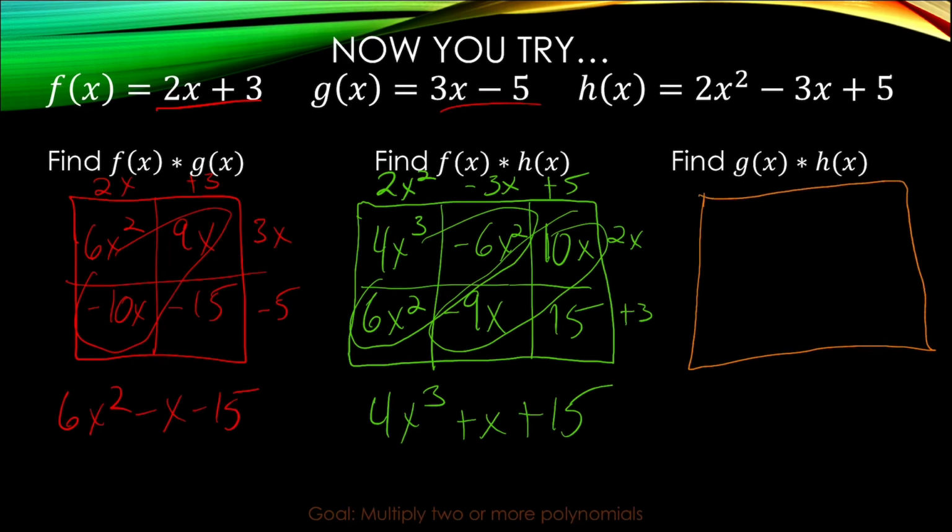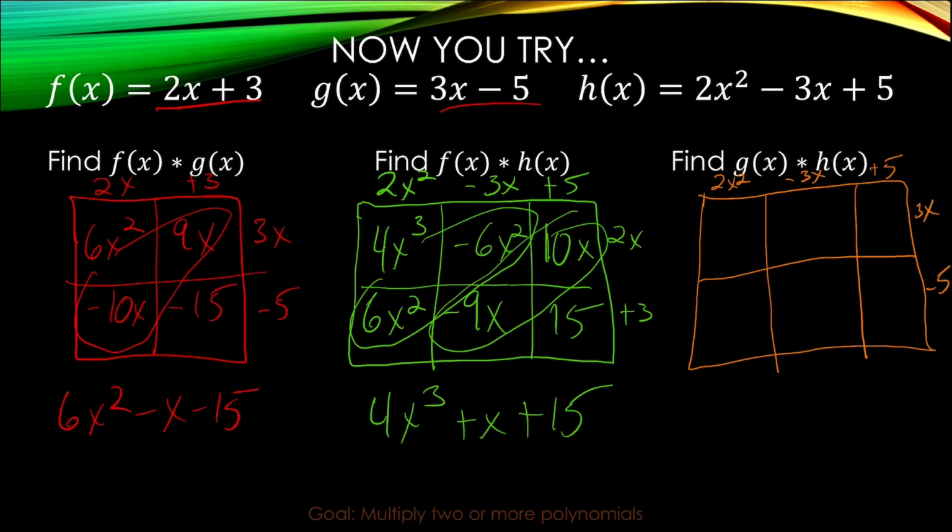And then g of x times h of x. We're going to do the same thing here. 2x squared minus 3x plus 5. Then we get g of x, which is 3x minus 5 here.